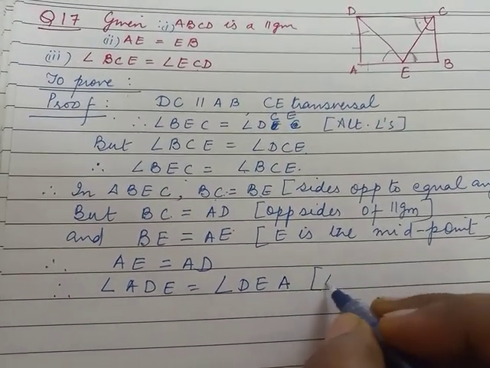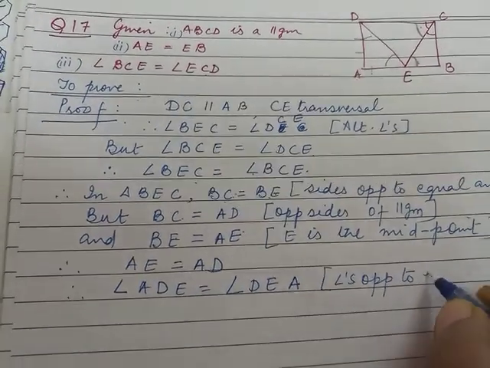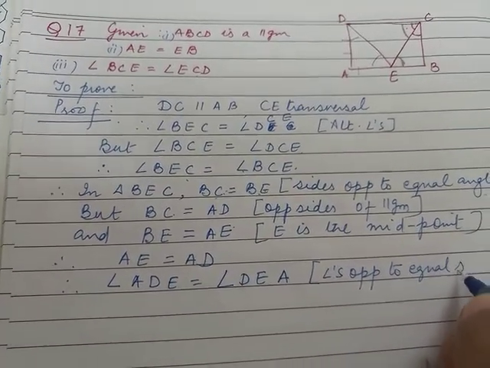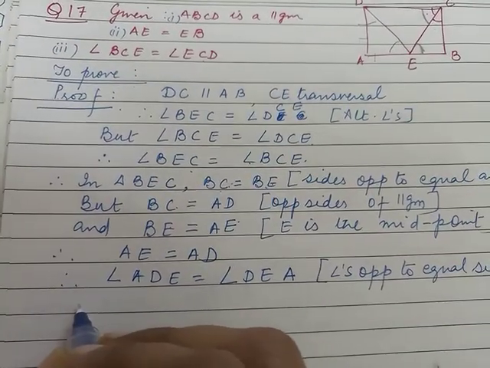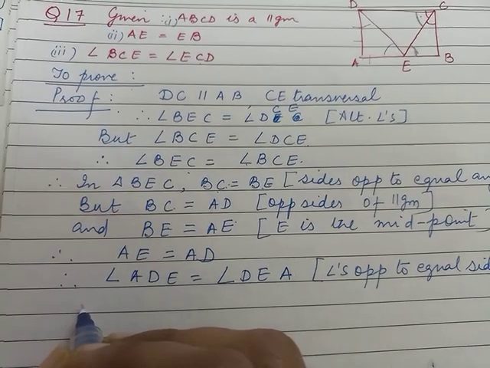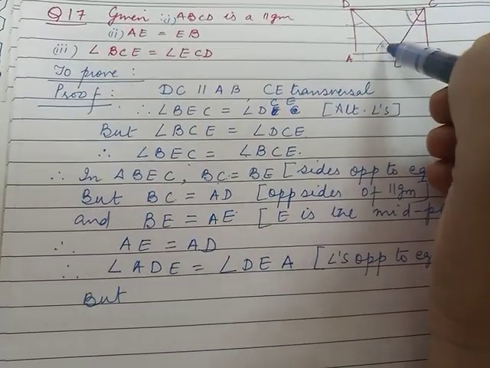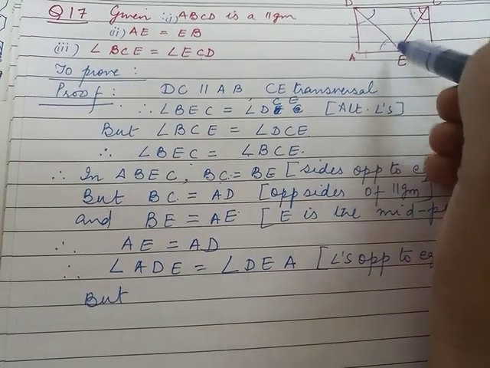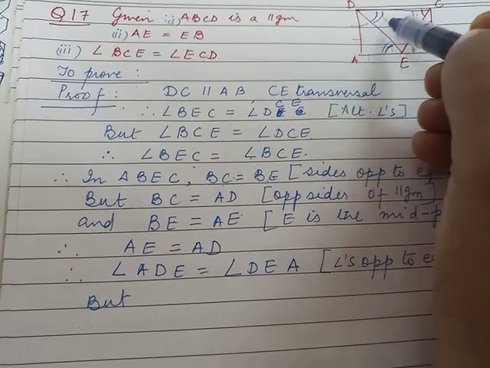Reason, angles opposite to equal sides. But these two are alternate angles, so these are going to be equal. Therefore, these two angles are equal.